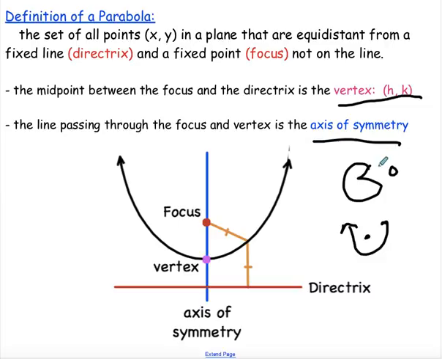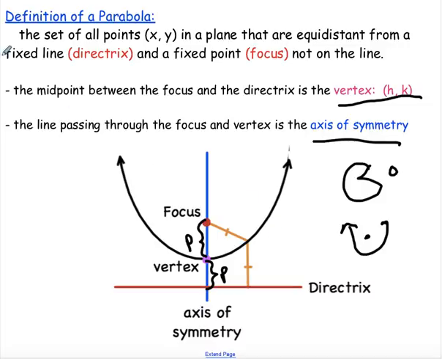We still will be talking about axis of symmetry. And then this idea that the midpoint between the focus and the directrix is the vertex. So between the focus and the directrix, halfway between those two is the vertex. This distance right here from focus to vertex we're going to call p, and that'll be the same as the distance from the vertex to the directrix.